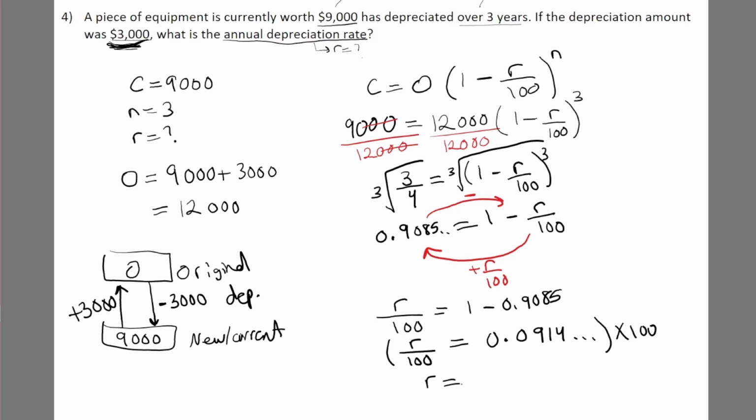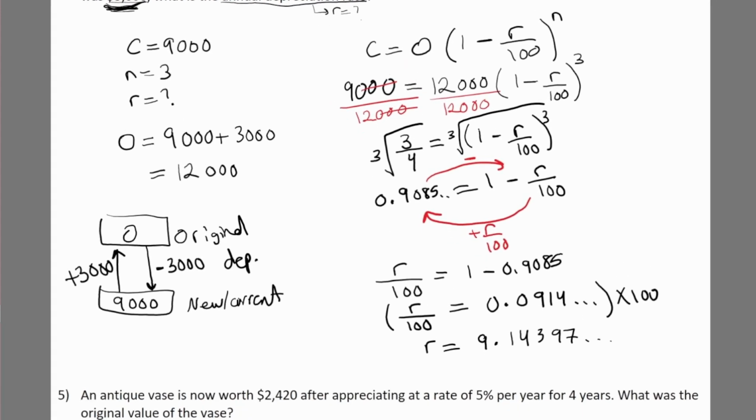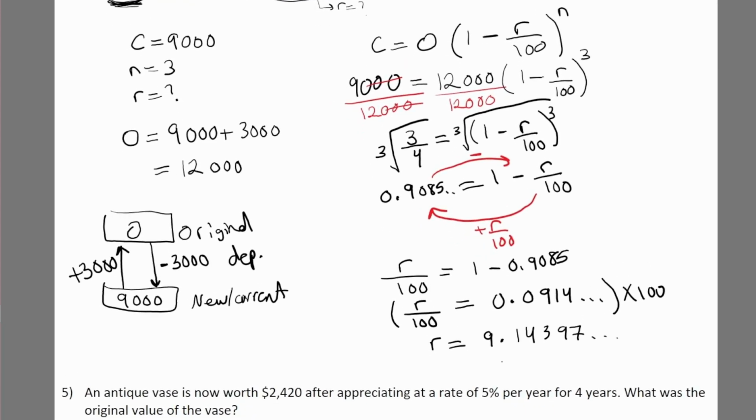And this will give me 9.14397 and so on. And so the annual depreciation rate rounded to 3 significant figures will be 9.14%. This is the final answer.